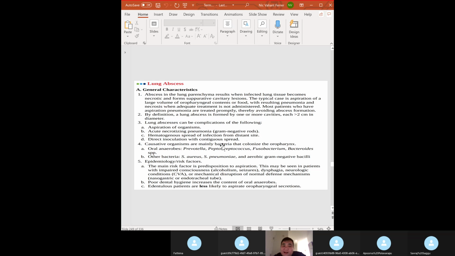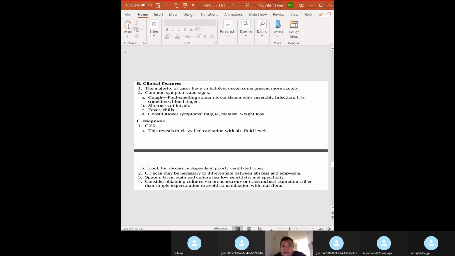So, in terms of risk factors, aspiration pneumonia. Think about your patients with impaired consciousness, seizures, alcoholics, dysphagia, neurologic conditions, CVA, right? Or mechanical disruption of normal defense mechanisms, if they have an NG tube or endotracheal tube. Okay. What are the clinical features?